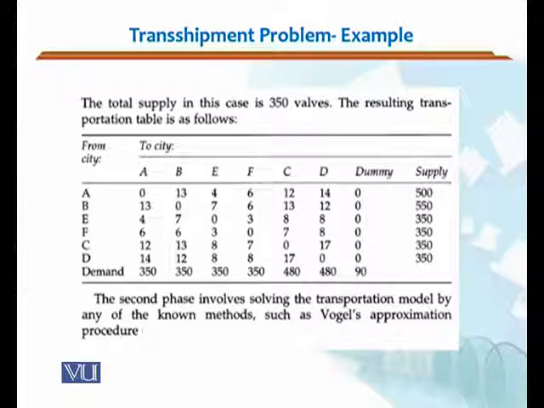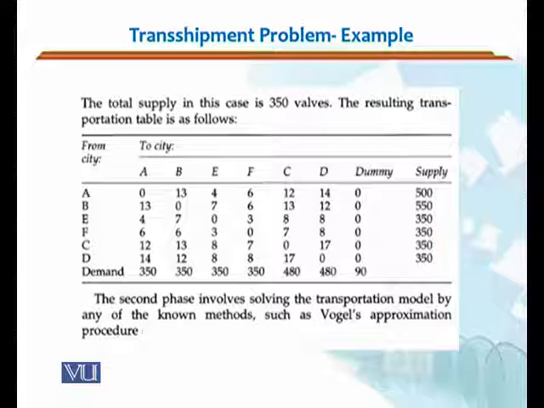Whereas for C and D, other than 350, you need to add the original demand. That was 130 for C and 130 for D. So it becomes 480, 480. And the dummy, in terms of demand, would be, as per the rule, the original supply minus the original demand. There is no supply to it because as per the supply rule, it would be 0. So you would have the demand of 90 for the dummy point. And the supply column would be as per the set of rules as well. You can verify the supply column and the demand row.